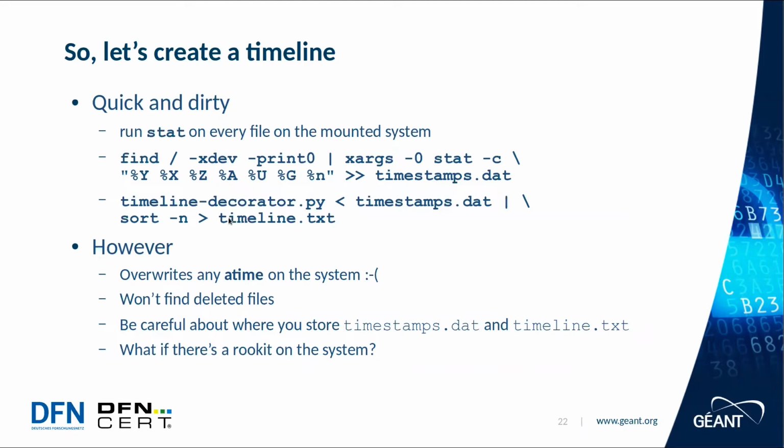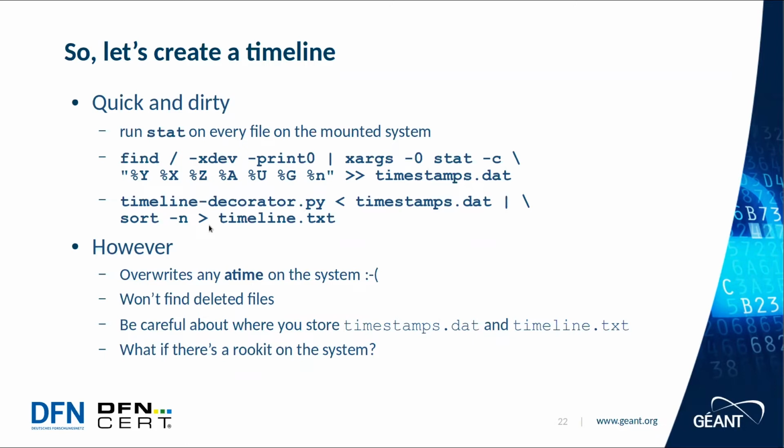And then you use a tool called Timeline Decorator, which is by the Live Nixon guy I mentioned on one of the earlier slides. It's just a simple Python script which transforms those timestamps into a more human readable timeline. So this is really a quick and dirty way.